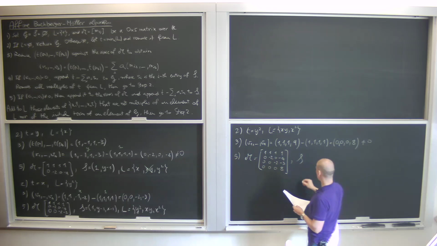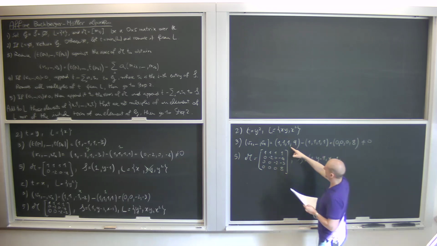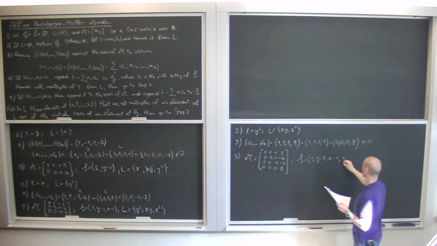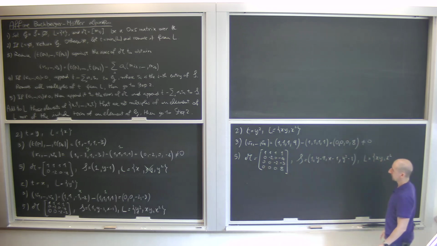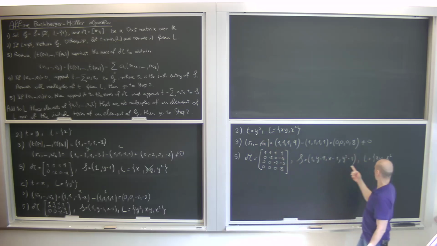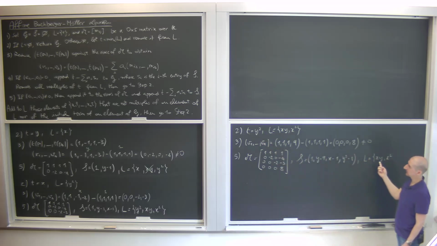S gets one more thing. This is y squared, and this is 1. And in L, let's see, we still have xy and x squared, but now we also need to throw in x times y squared, which is actually a multiple of this one, so we don't need it, and y cubed.